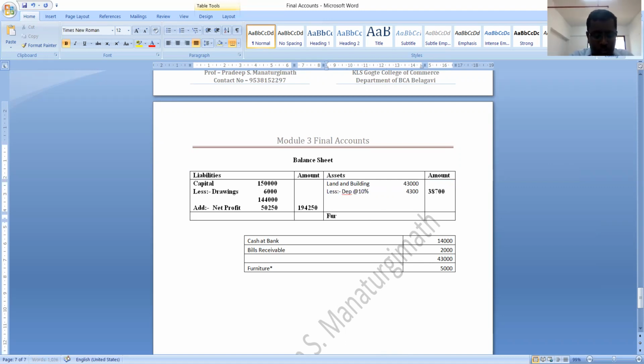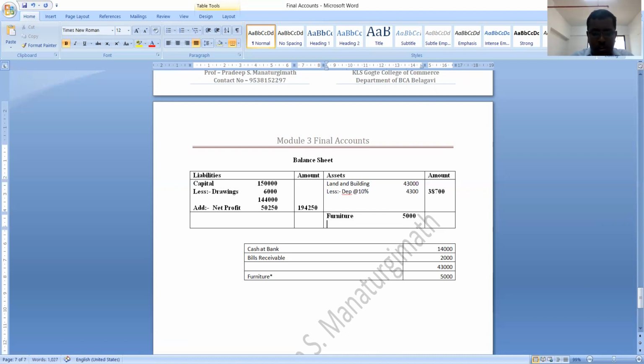After recording land and building, the next item we need to record is furniture, and there is an adjustment on furniture, right? That is the reason we put a star mark on furniture. What is the amount of furniture? It is rupees 5,000. What is the adjustment on furniture? Again it is depreciation. Less depreciation at what percent? At 5%.